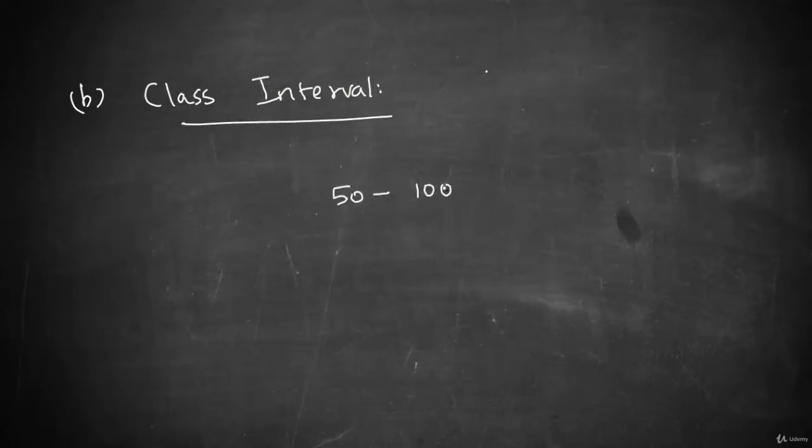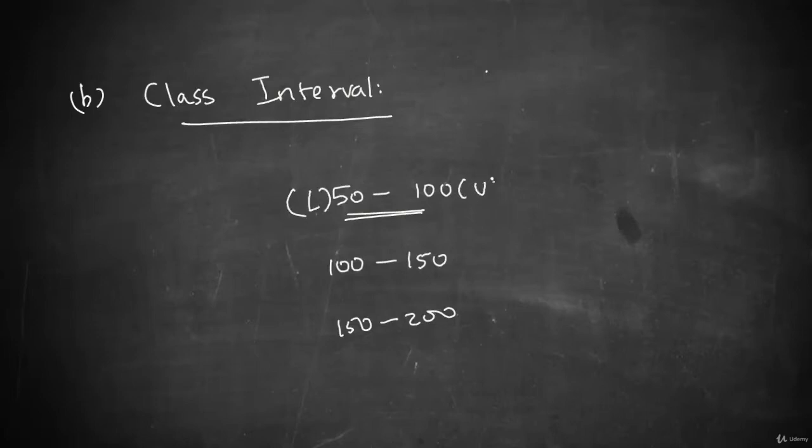So the class interval is nothing but the size of each grouping of data. So here we are talking about the size of 50 to 100. Then we may talk about the size of 100 to 150. Then we can talk about the size of 150 to 200. So class interval is nothing but the size of each grouping of data. So each group will have its own lower limit and its own upper limit.